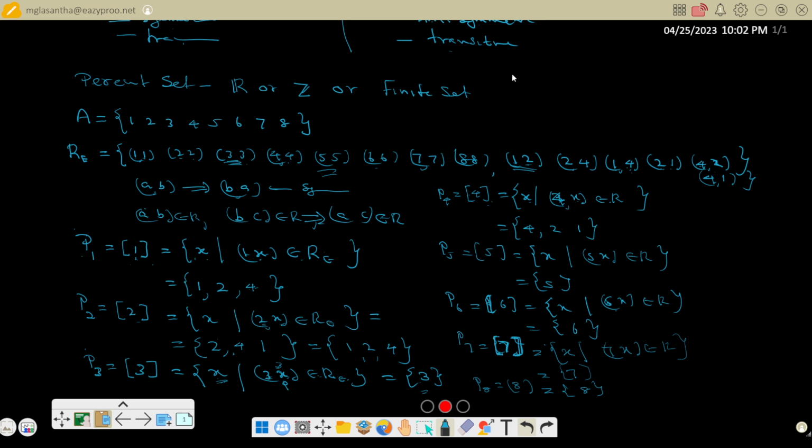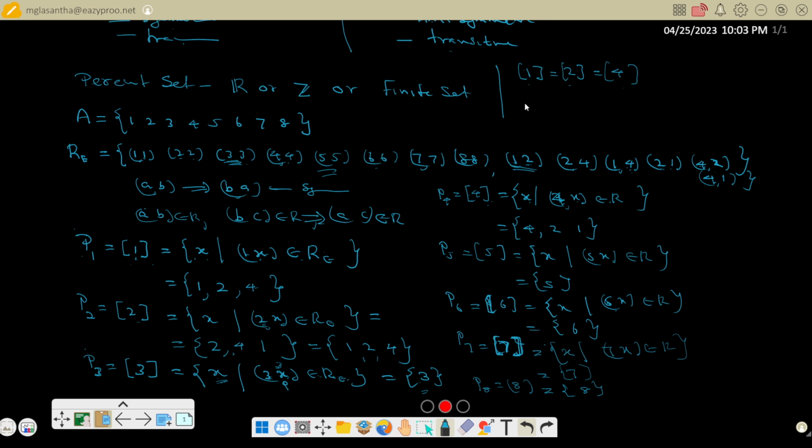But you see this, now you have 8 equivalent classes. Out of these 8 equivalent classes, 1 equals 2 equals 4. Right? 1 equals 2 equals 4.